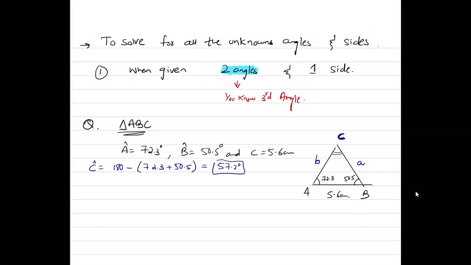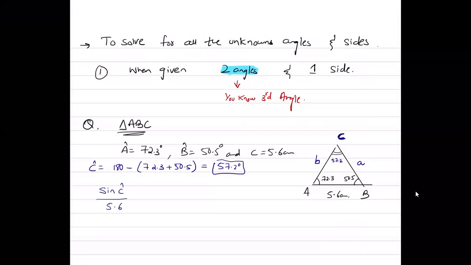Now is the time that you apply sine rule, because you have all the angles now. I know this angle now, 57.2, and I do have the side opposite to it. If I want to find b, I do have the angle opposite to it.